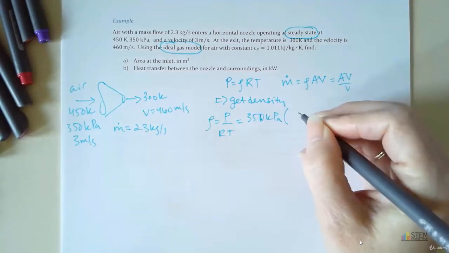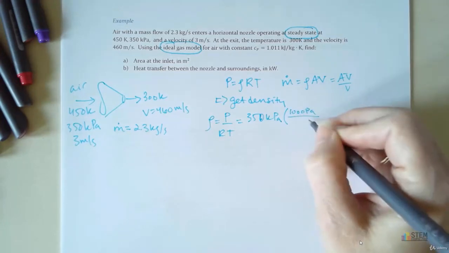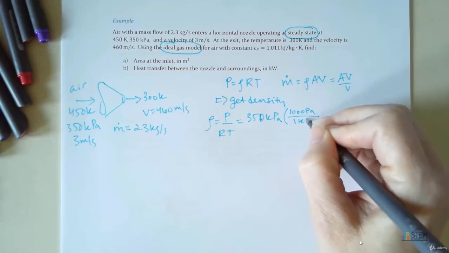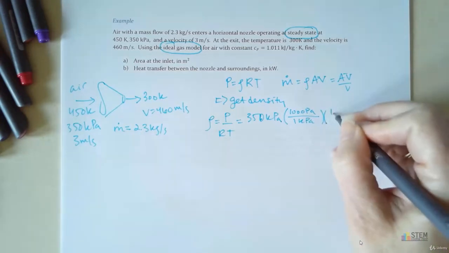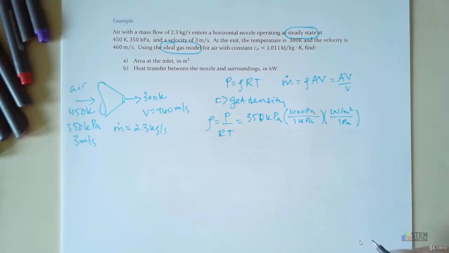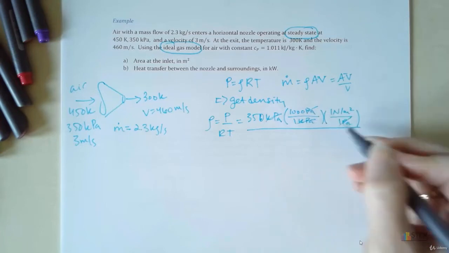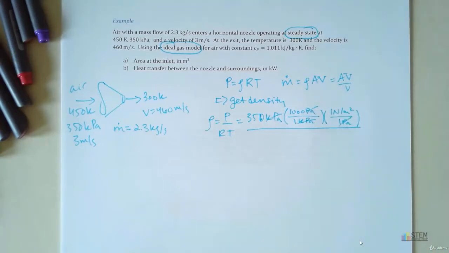Let's convert over like we always do. So 1,000 Pascal per kilopascal. Multiply that by 1 Newton per square meter over 1 Pascal. This gets everything in terms of newtons and meters.